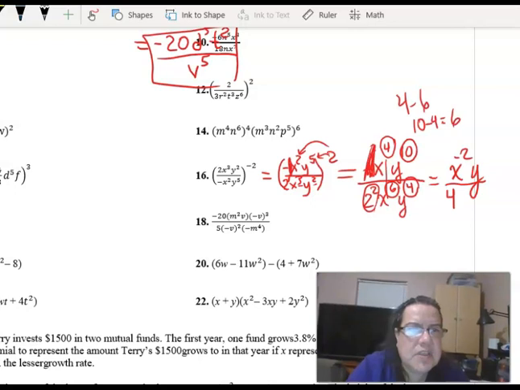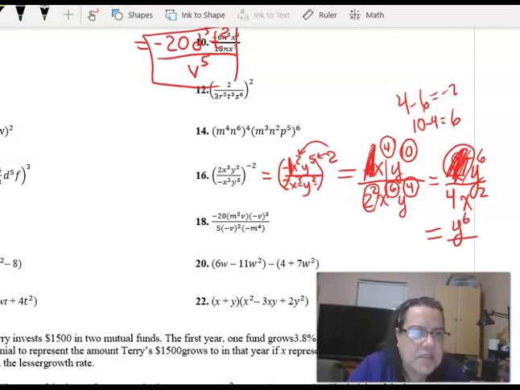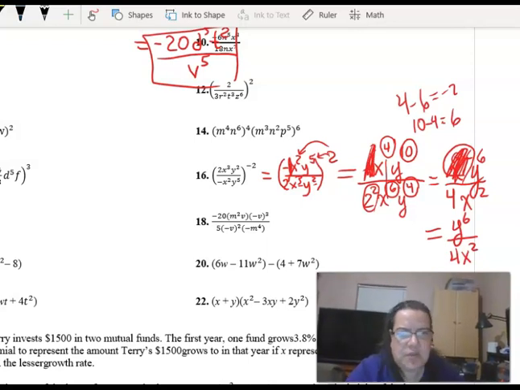That equals 6. So this is y to the 6th. So I'm almost done. This x does not belong up here because it's negative. So let's just bring it down here, x squared, make it positive. And now I'm kind of done. So now let's just write it nice and pretty. This is y to the 6th over 4x to the 2nd power. And I'm finished with that question.